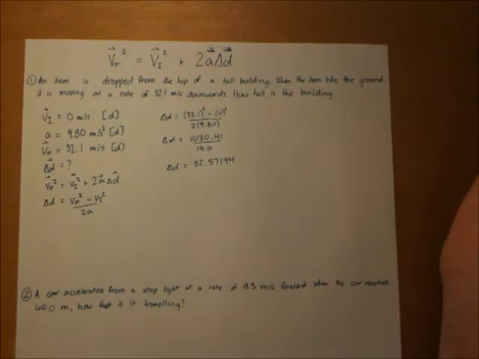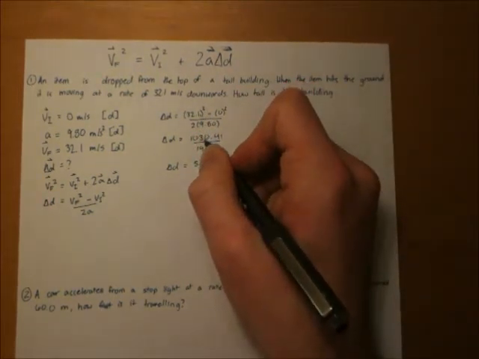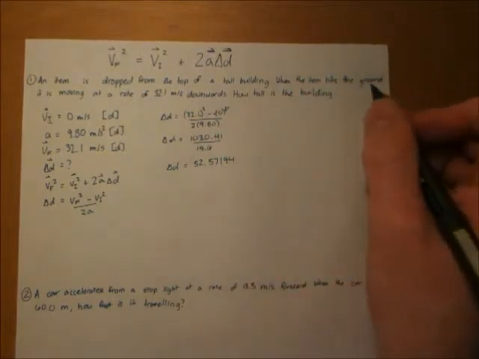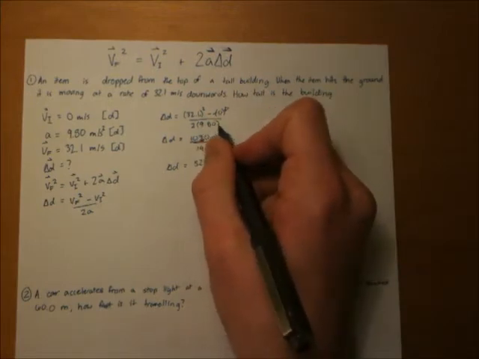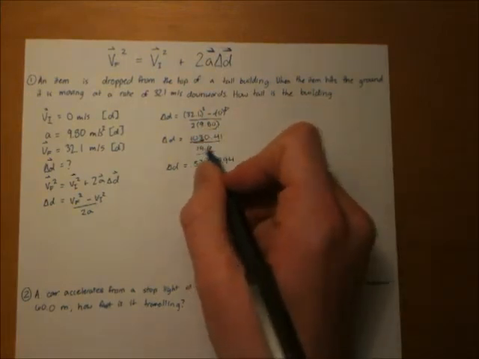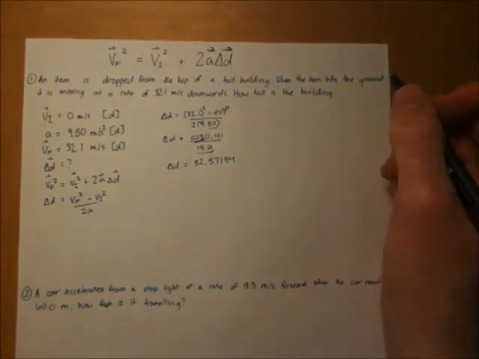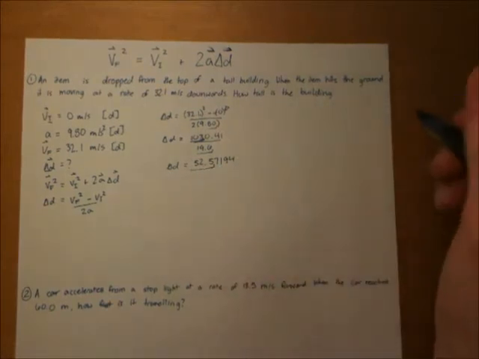Now we do our significant digits. We know that this one has 3, so this number should be rounded to 3, and this does not count because it is a 0, so we can just get rid of it. This one has 3, this one also has 3, and when you divide 3 significant digits by 3 significant digits, you also get 3 significant digits.